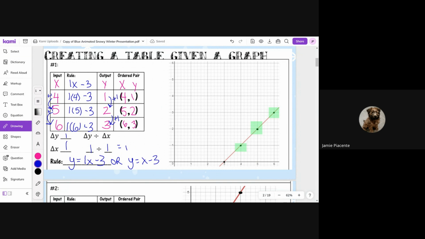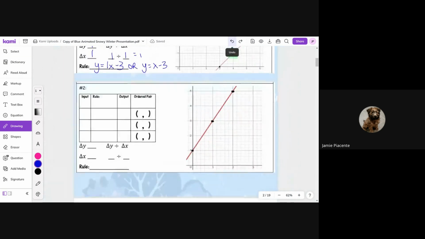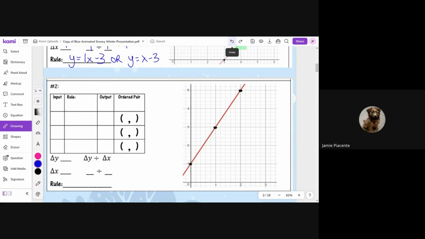Okay, let's look at number 2. So now these are our 3 points. We don't really get to pick because there's only 3 on here. So we're going to do this point and this point. So for this first one, how far do I go over? I go over 0 and I go up to the 1.